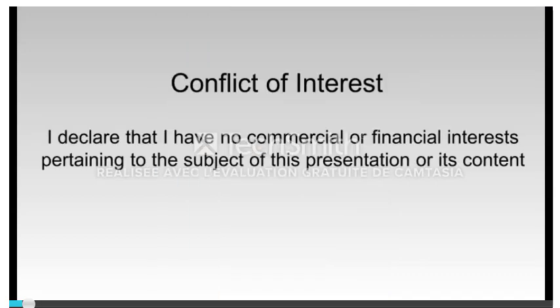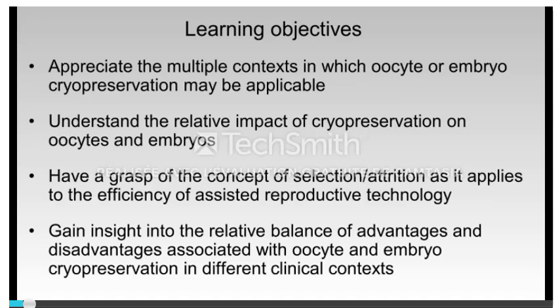I have no conflict of interest to declare, and the learning objectives, which I'll follow through in sequence during the talk, are to look at why we freeze eggs and embryos, what the impact of freezing, or cryopreservation to be more accurate, is on oocytes and embryos at different stages of development, to then revisit something which has already been discussed very eloquently by Susanna this morning, and that's the importance of the concept of attrition and selection in assisted reproduction.